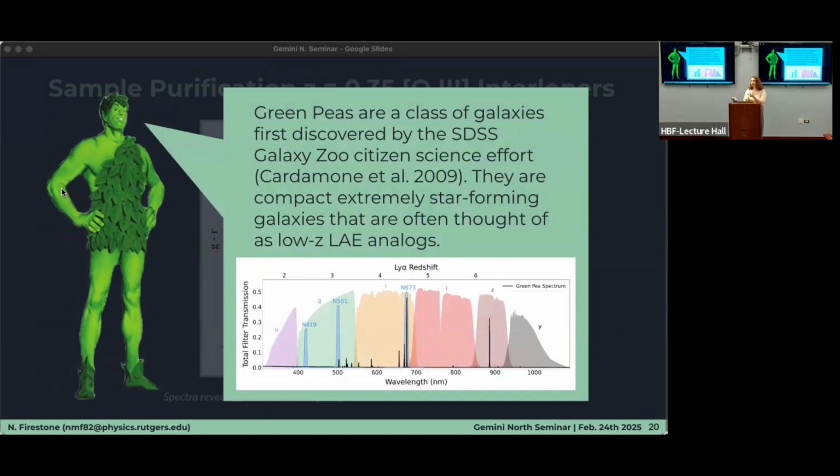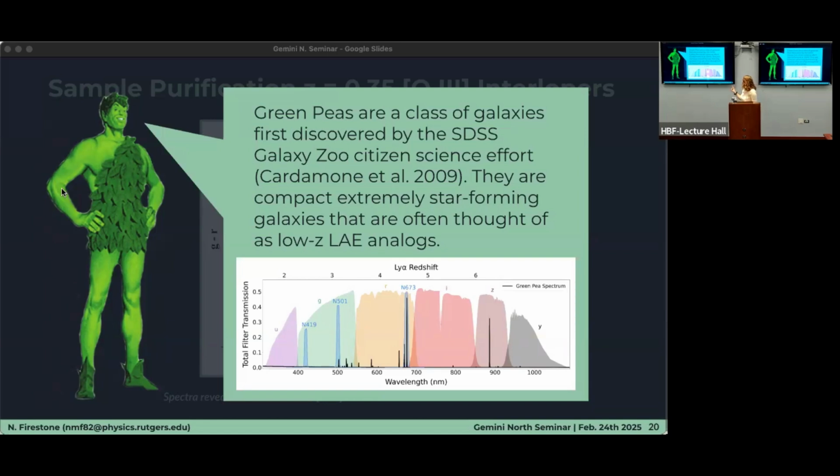At our lowest redshift with the N419 filter, we expect some random spurious object type of contamination. As we move to redshifts 3.1 and 4.5, low redshift galaxy interlopers become the biggest problem in selecting really pure LAE samples. And that can mess up all sorts of things with clustering analyses and halo occupation distribution, and all of that.